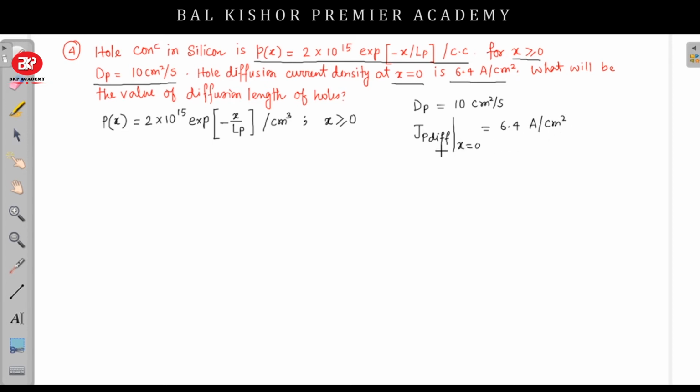We have to find the value of the diffusion length, that is Lp. Lp is the diffusion length. So this is the question.